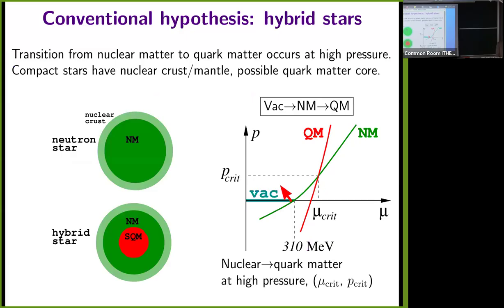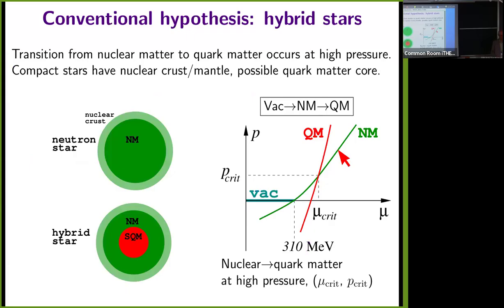So just to remind you, what's the situation we're in here? We're thinking of the conventional hypothesis now, a hybrid star with a nuclear matter mantle and a quark matter core. So we've got these two curves here, nuclear matter and quark matter. Now we have to look at some of the small print, okay?